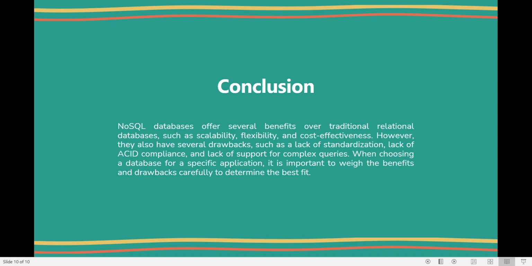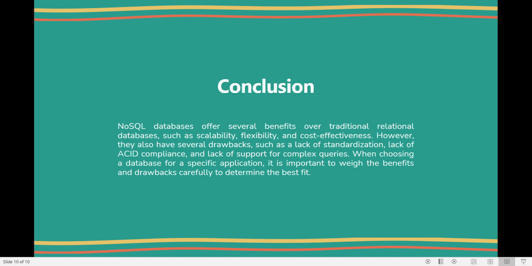When choosing a database for a specific application, it is important to weigh the benefits and drawbacks carefully to determine the best fit. Whenever we are choosing a database, which is suitable for our project or not suitable for our project, we need to take care of it very nicely.